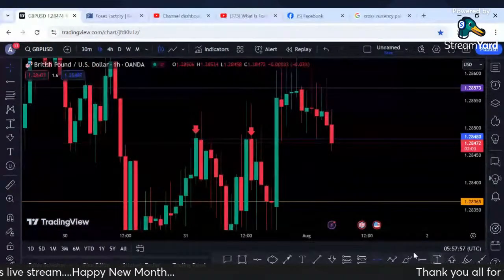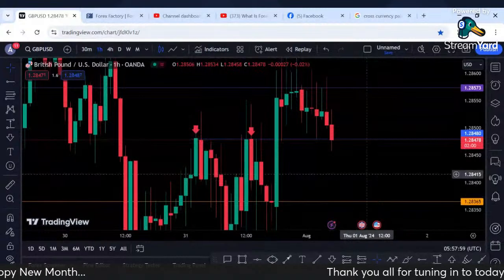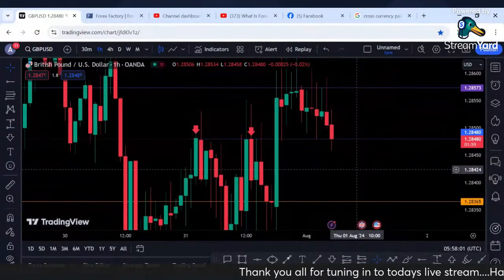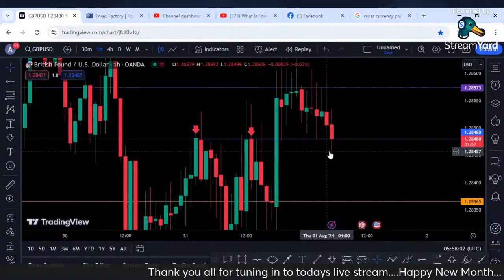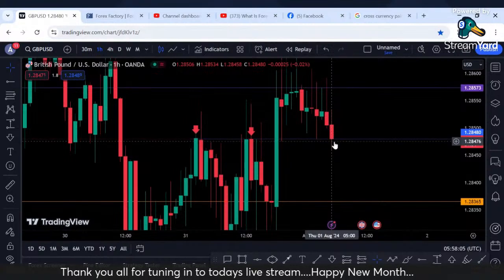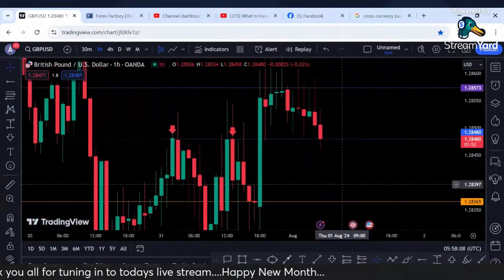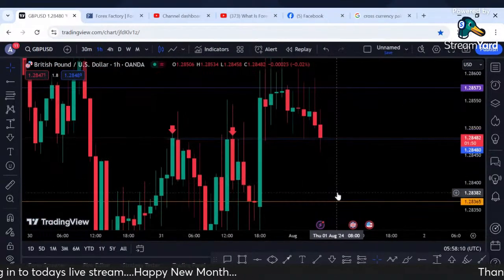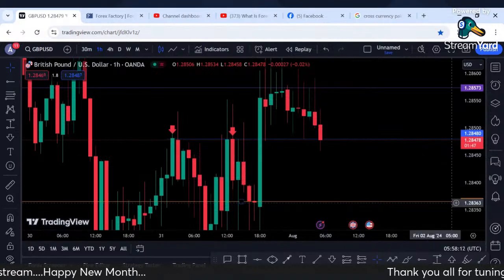So I'll be taking a sell over here if the H1 candle breaks this one. But if it doesn't break, then maybe I'll stay back.